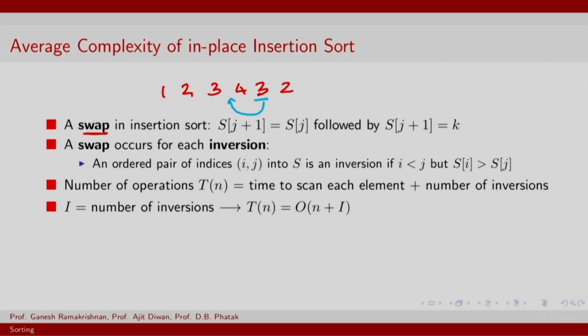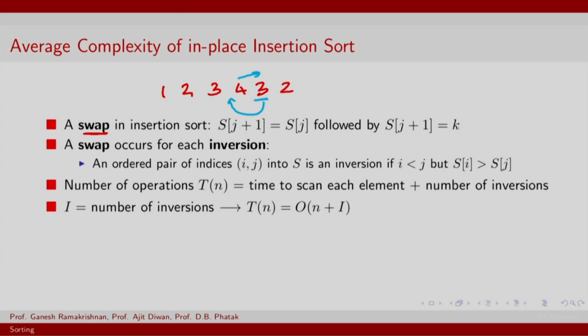For every element I cross, for example I cross 4, I am basically shifting 4 to the right. So I need to do a swap corresponding to every inversion. And what is an inversion? Basically an index i less than j such that Si is greater than Sj. So 4 happened to be greater than 3. This inversion led to a swap, but the swap is very indirect. You attain the swap by a series of shifts and a substitution.